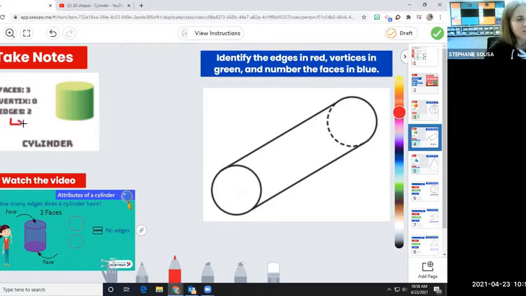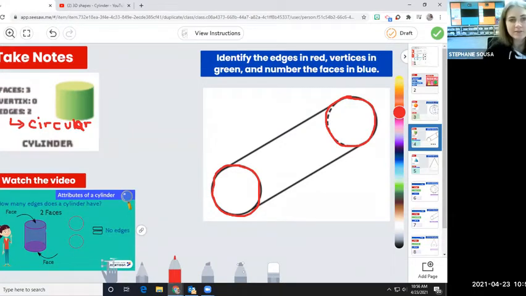And by edges right here, I want us to write the word circular. That was in our first video as well. These are not standard or normal edges. They are circular edges, okay? Let's go ahead and trace those. So a cylinder does not have any regular edges, but it does have 2 circular edges.